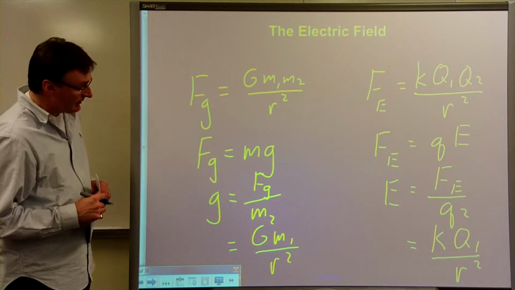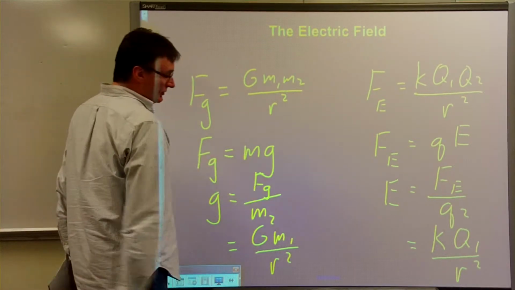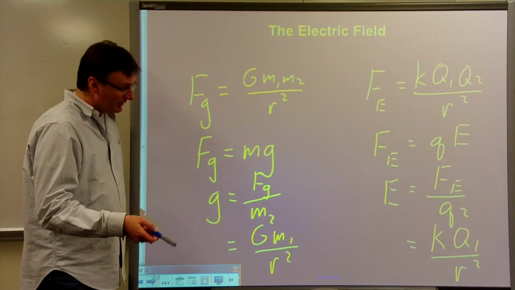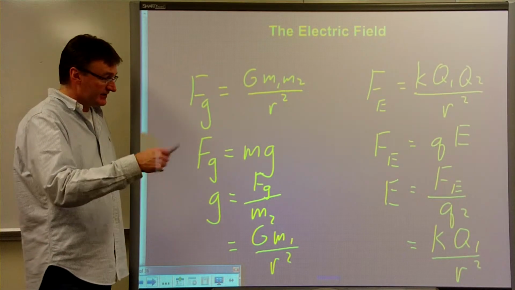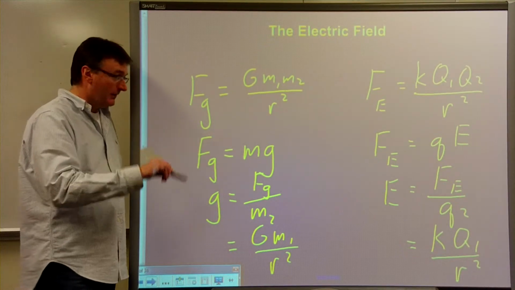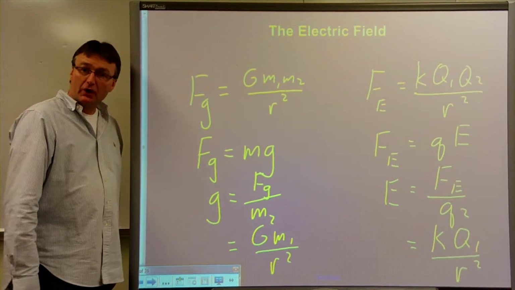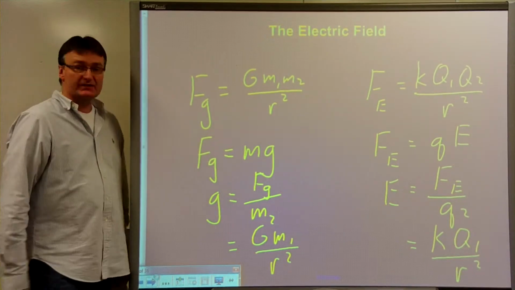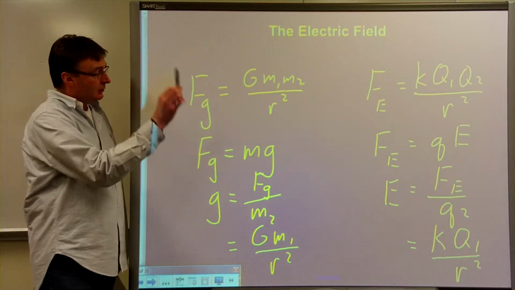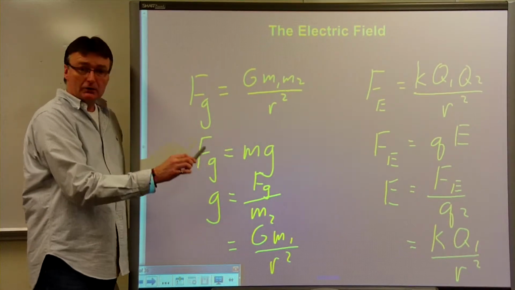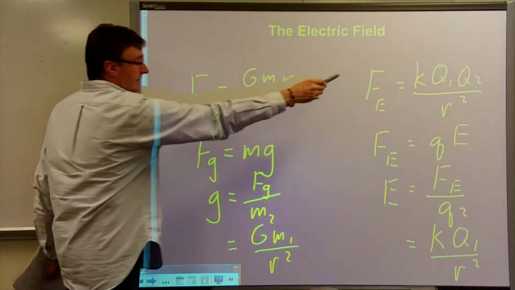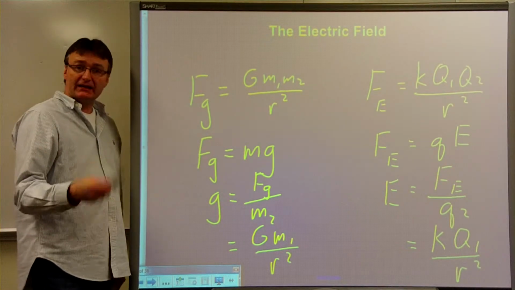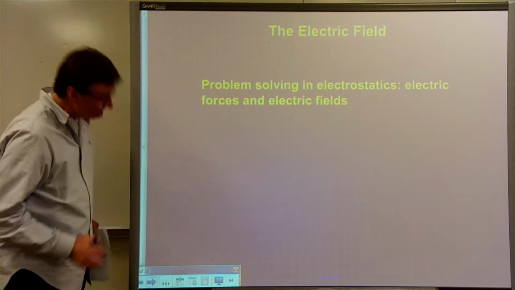And that is given by k times the charge that's producing the electric field divided by the distance squared that you're from that particular charge. So you can see the similarities that we have with gravitational force and gravitational field. There are a lot of parallels with electric force and electric field as well.